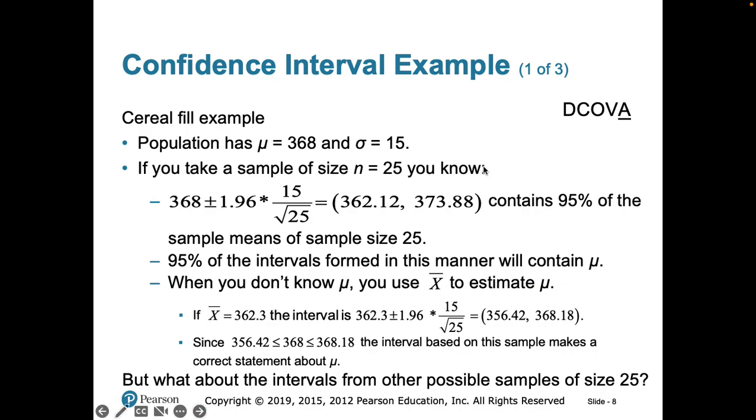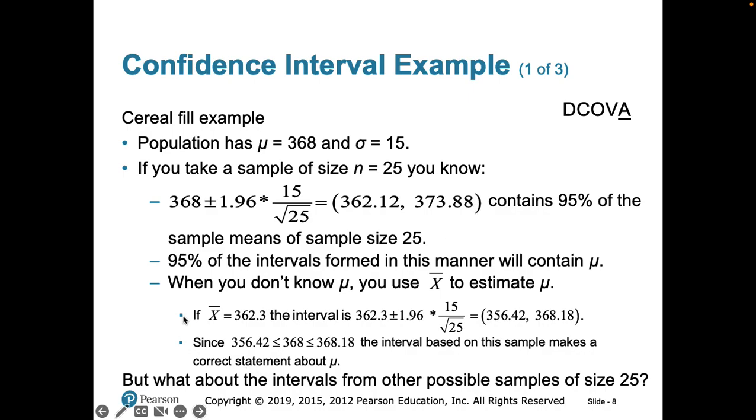Okay, so here is an example, right? In this case, we have a population mean of 368, a standard deviation of 15, and you take a sample size of n = 25. We're going to go over this formula later, breaking it down, but this is how you calculate that.